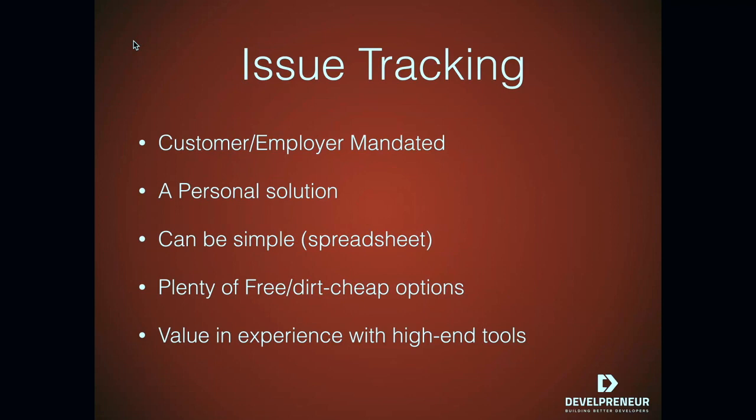In this world, like I said, issue tracking can be as simple as a spreadsheet. And because the barrier to entry to building an application for this is non-existent, there are a ton of free or dirt cheap options out there. You could build your own.